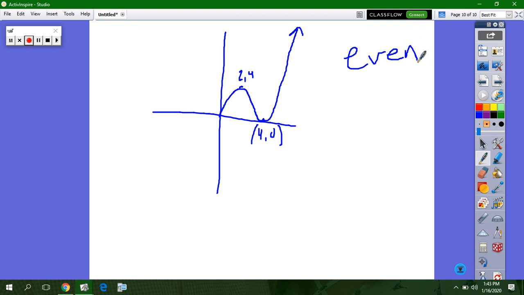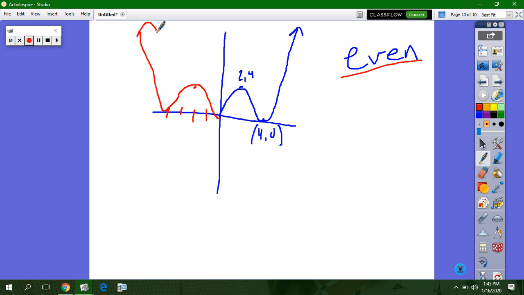Because right now I only have half of my graph up. If it was even, it reflects about the y, so where would this point be? Negative 2, 4. And the other point would be negative 4, 0. So it'd come up like this.